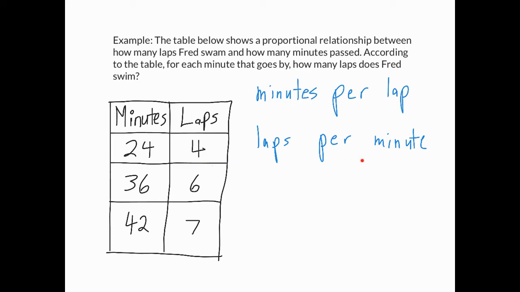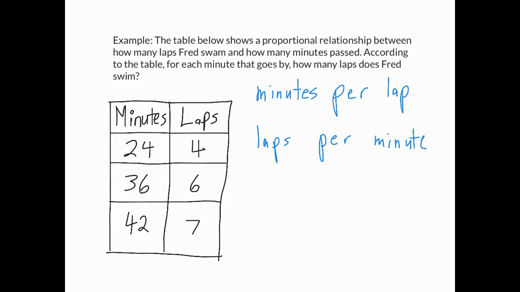Laps per minute means how many laps can Fred swim in 1 minute? How many laps for every minute? Well, if you read the question carefully, for each minute, meaning 1 minute, for each minute that goes by, how many laps does Fred swim?